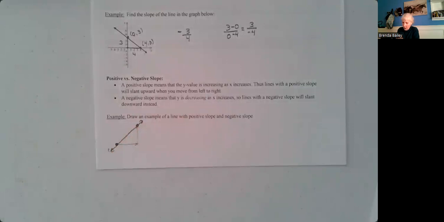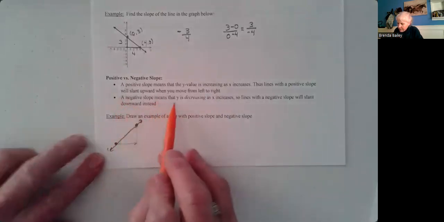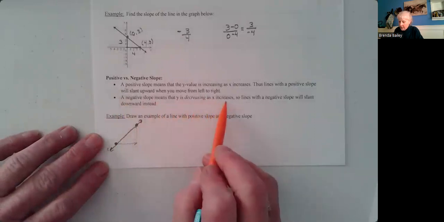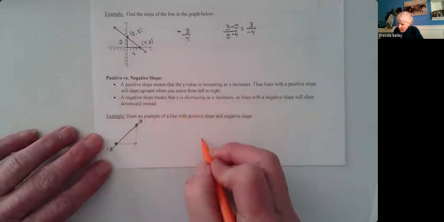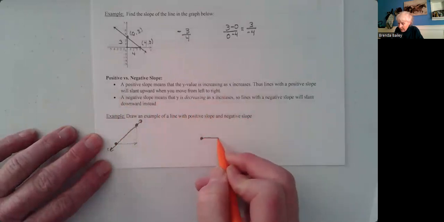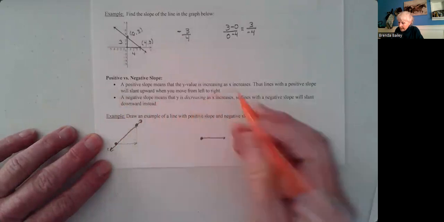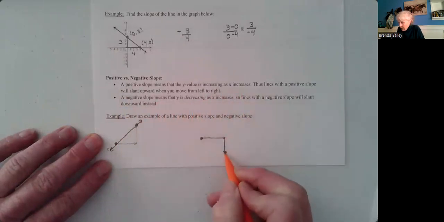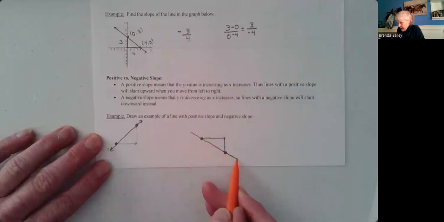Now, a negative slope right here means that the y is decreasing as x increases. So if you're given a point, if the x increases, which means it goes to the right, the y decreases for your point. And notice how it goes down.